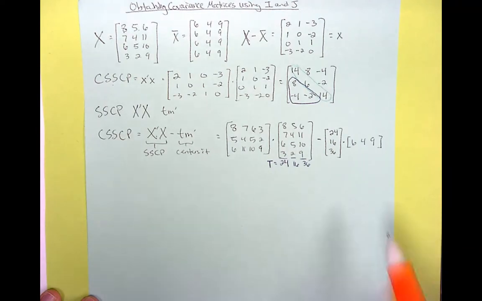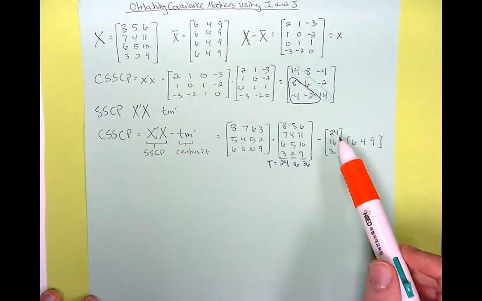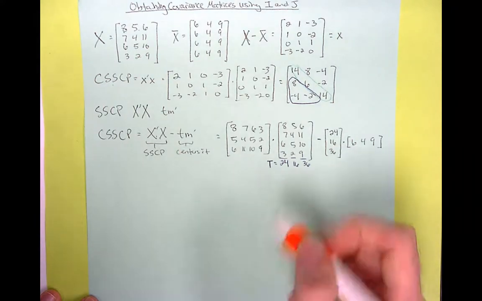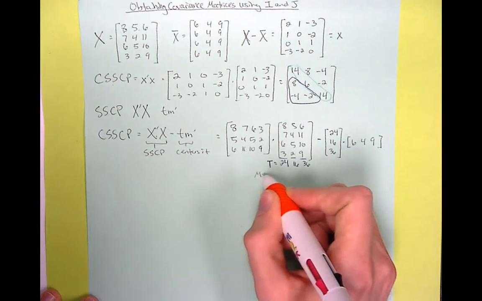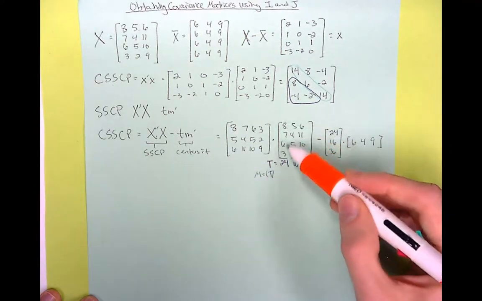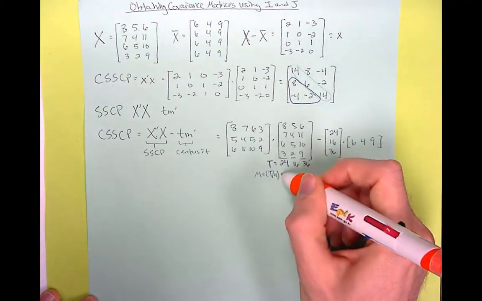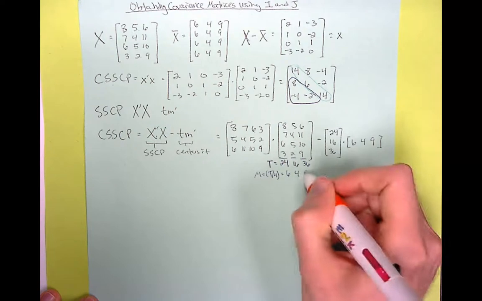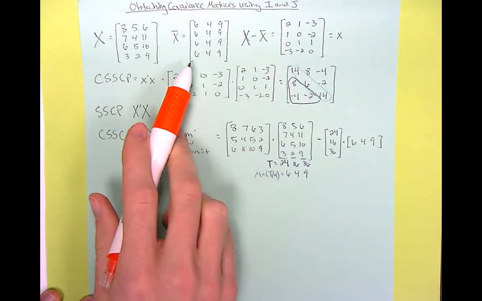But since this time we're only going to be doing just a vector, we represent it with small t. And we know that the mean is just going to be t divided by n, which is the number of observations, which is 4. We get our means to be 6, 4, 9, as I demonstrated up here.